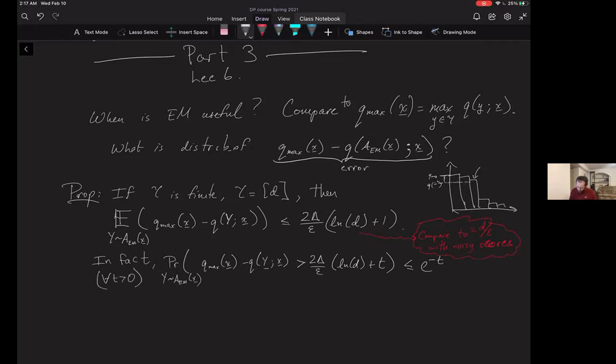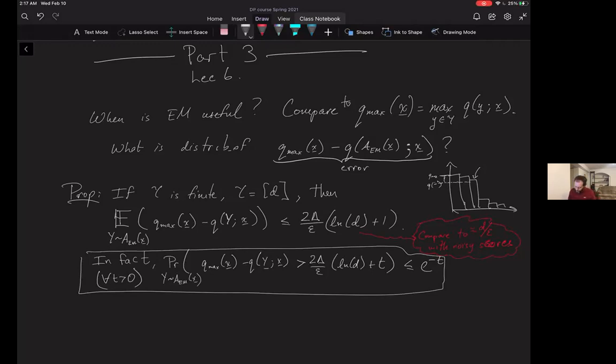So for any number t, the probability that the error gets more than t above log of d times 2 delta over epsilon drops down exponentially with t.